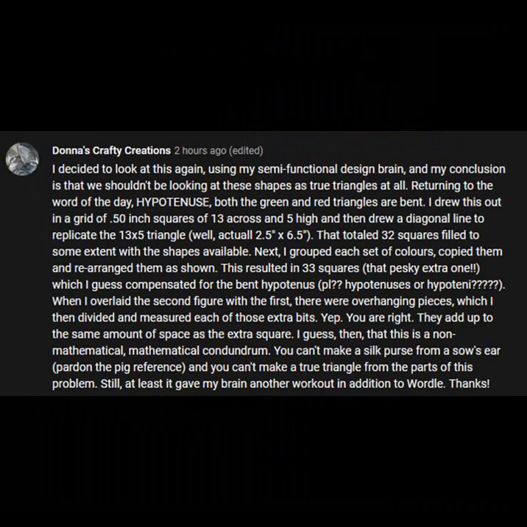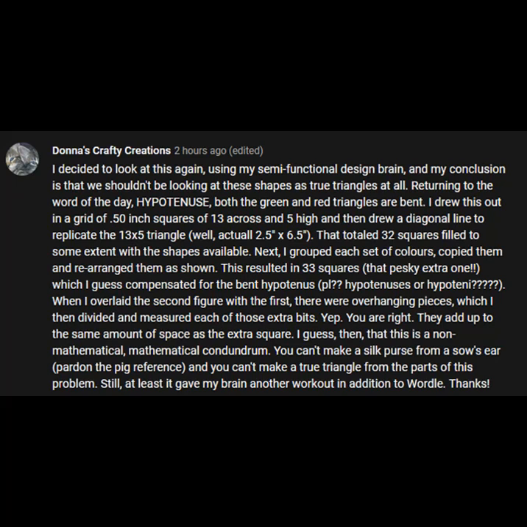If you want a simpler solution to that, Donna, of Donna's Crafty Creations, says, I drew out a grid on half-inch squares of 13 across and 5 high, and drew a diagonal line to replicate the 13 by 5 triangle. Well, actually 2.5 by 6.5.